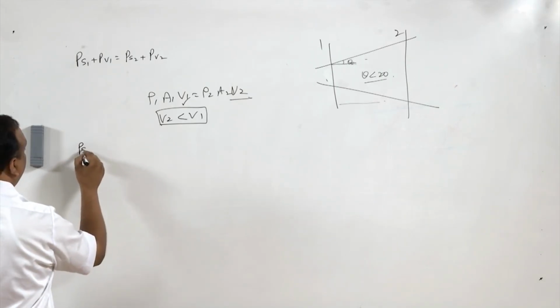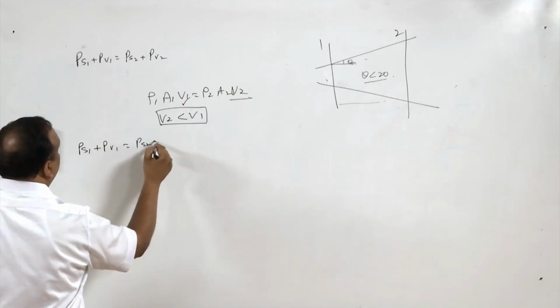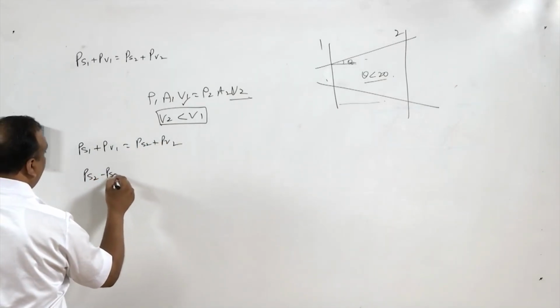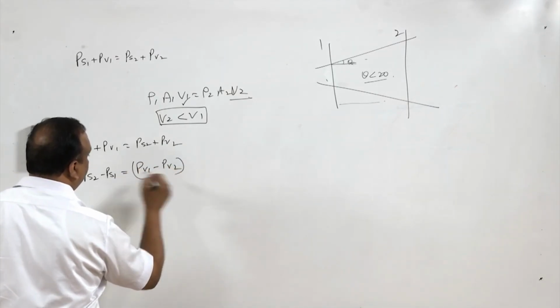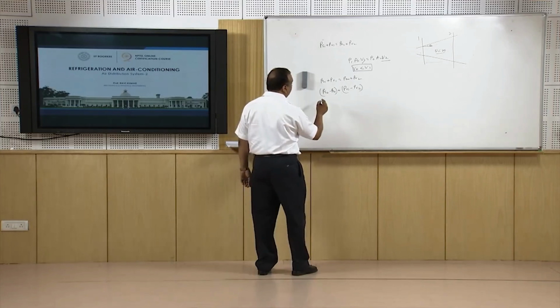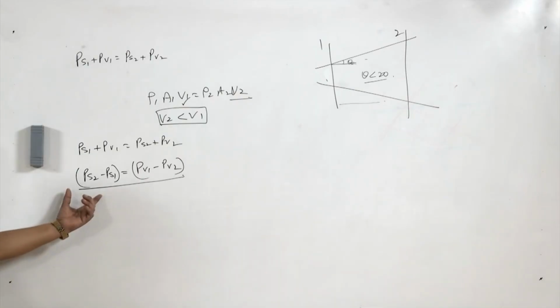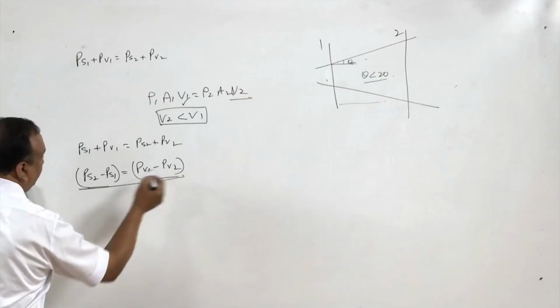So PS1 plus PV1 equals PS2 plus PV2, so PS2 minus PS1 is equal to PV1 minus PV2. This is totally converted into static head, and that is the situation when it is fully converted. The change in static head is equal to the change in dynamic head.